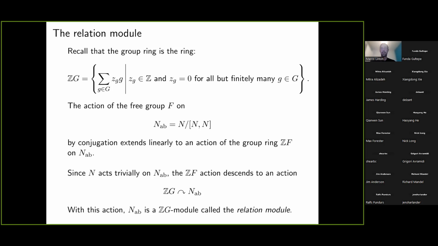We can extend this linearly to an action of the group ring of the free group on this abelian group. And because N acts trivially on its abelianization, this action also descends to an action of the group ring ZG on the abelianization. This module with the left ZG action is called the relation module.